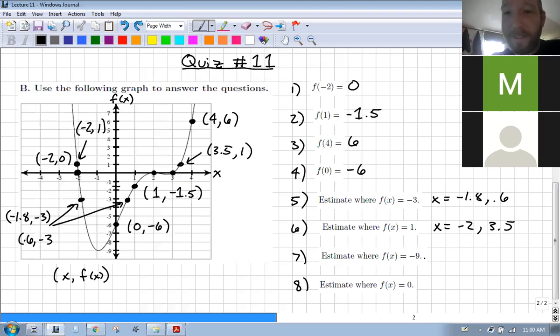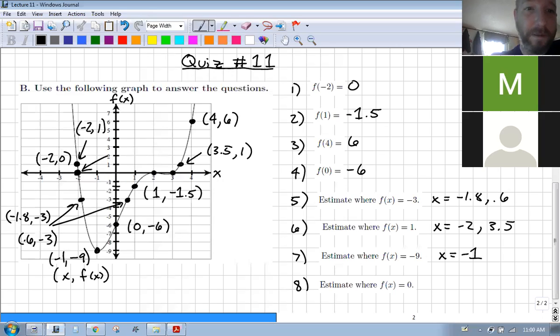So if we look at negative 9, we go all the way down to negative 9. That point there has a y value of negative 9. The x value looks like it's negative 1. And for the last one, where f of x equals 0, when y is 0, we have 3 points here.